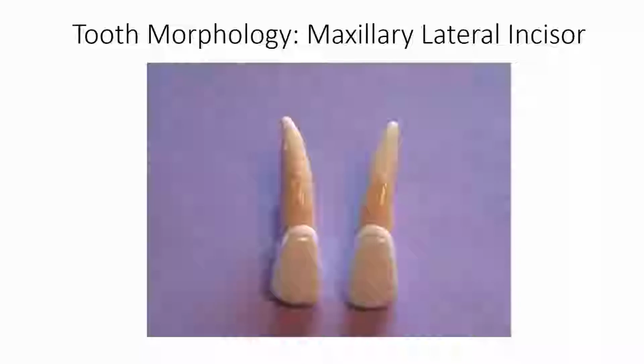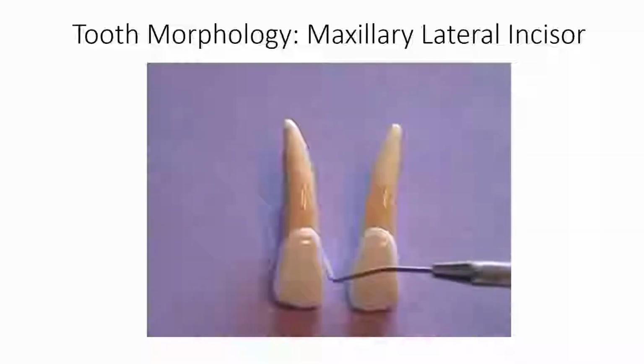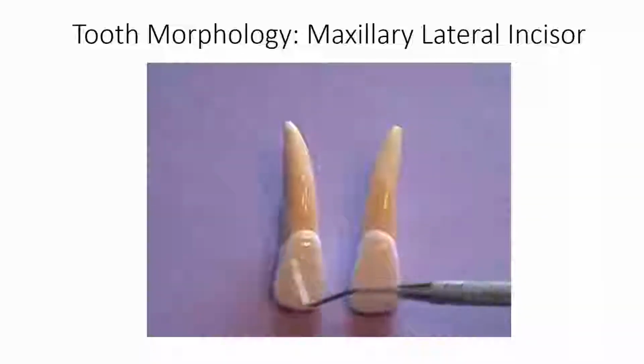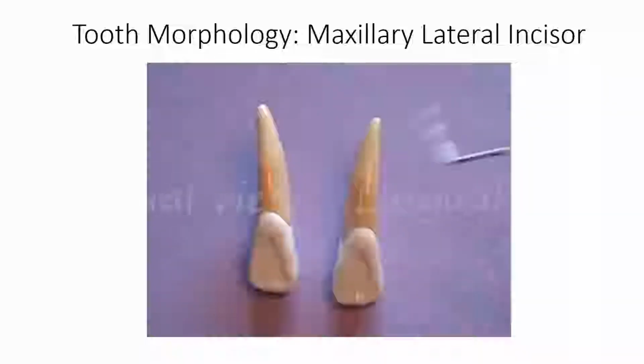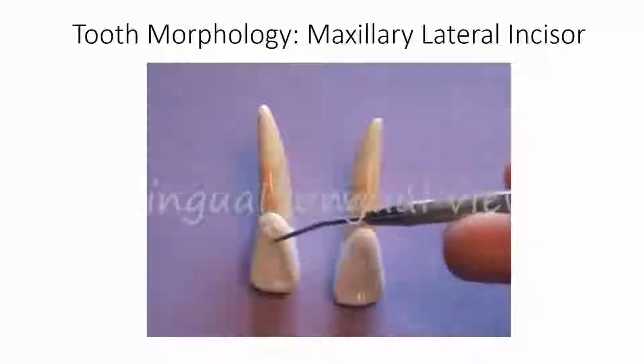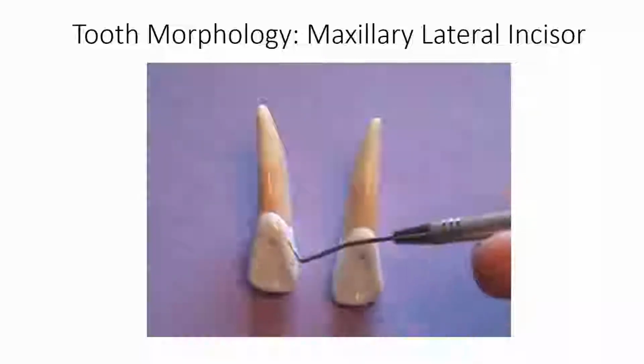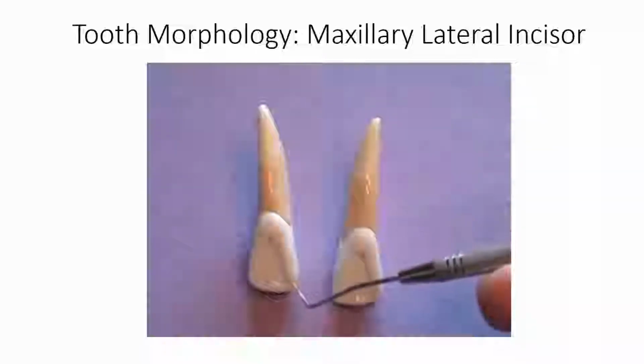It is single-rooted, and you may see imbrication lines on the facial surface. From the lingual view, there's a centered cingulum, distal and mesial marginal ridges, and a lingual fossa.